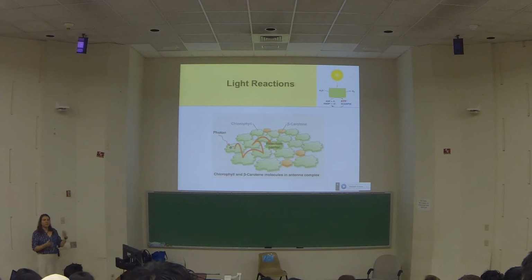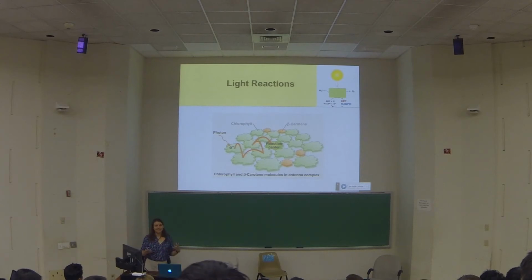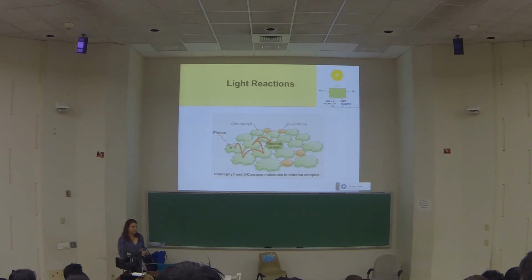These chlorophylls and the carotenoids are organized together into clusters that we're calling photosystems. There are two major components of a photosystem.